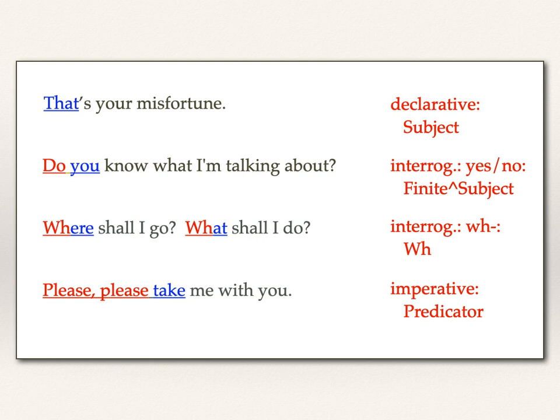"Where shall I go? What shall I do?" The WH element as a fusion, as it were, of demand for information, interpersonal theme, information about the participant or circumstance, unmarked topical theme. And an imperative, "take me with you," the verb, the predicator, here preceded by an interpersonal theme, adjunct of entreaty, "please, please."